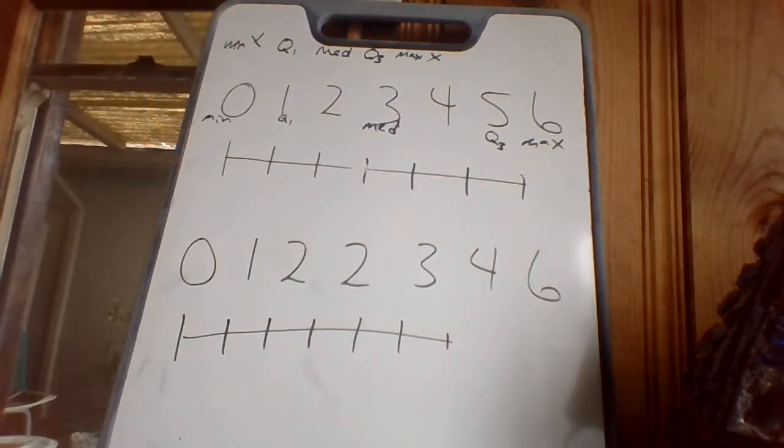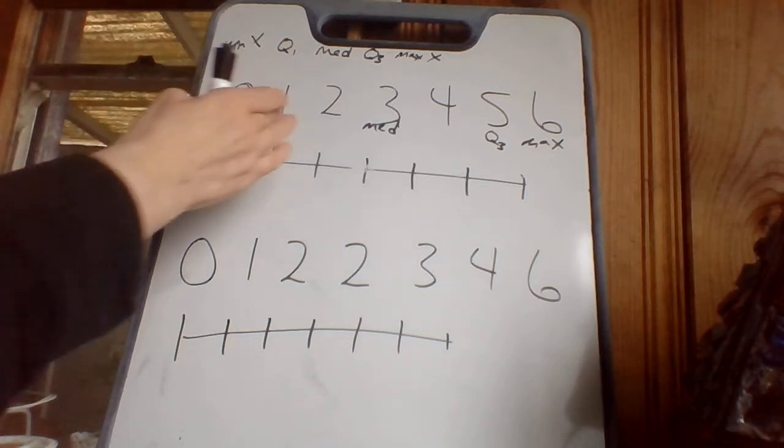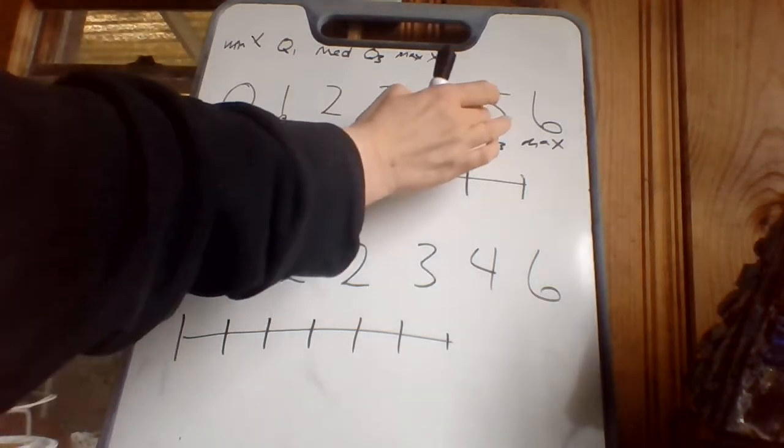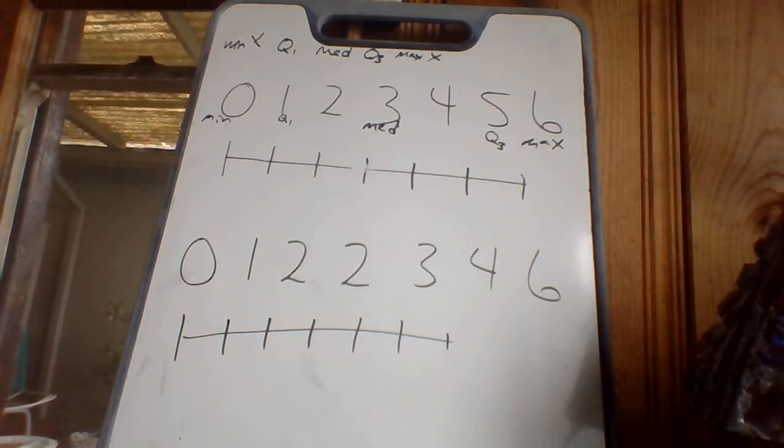Now, there are different ways your calculator can do this. Some of them might say that's a 1.5 and that's a 4.5. That would be fine too. It's dividing it up into supposedly equal bits, but then it doesn't come out equal because of an odd number versus an even number and things like that. So books have different ways of doing it.